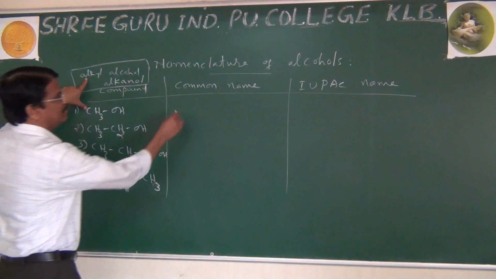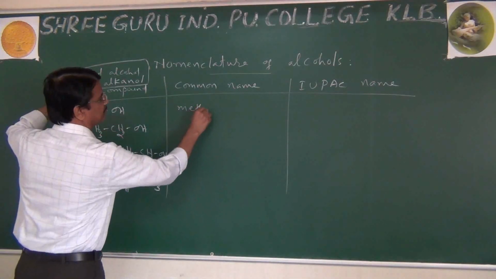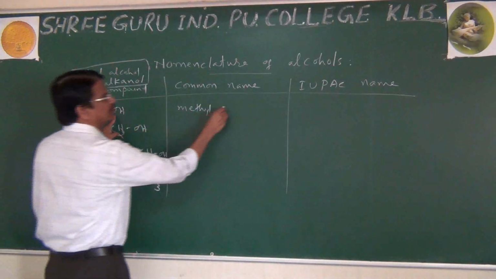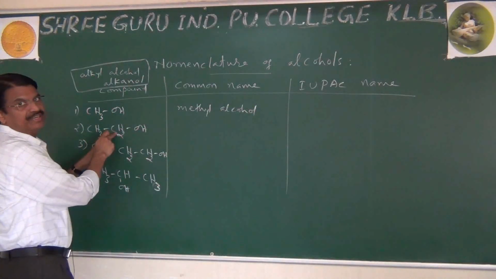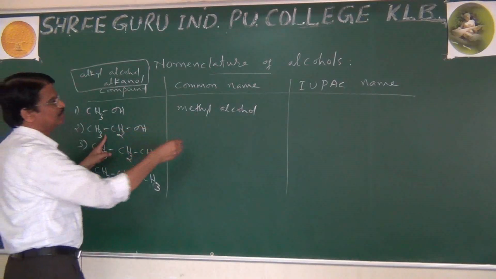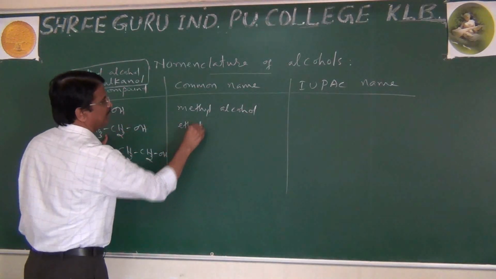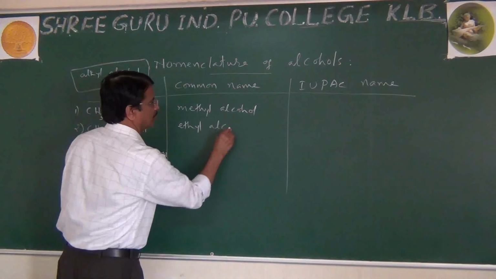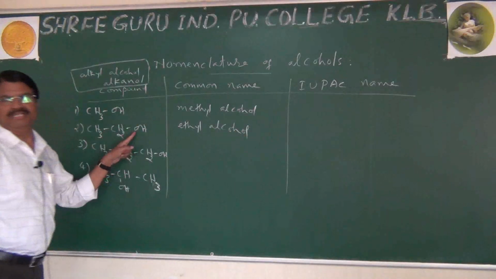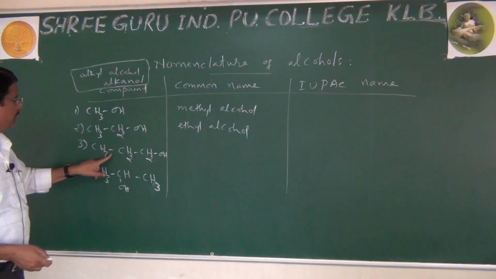CH3 is methyl, OH group, alcohol. Second, CH3CH2 equal to C2H5, named ethyl, then OH, alcohol. Methyl alcohol, ethyl alcohol.